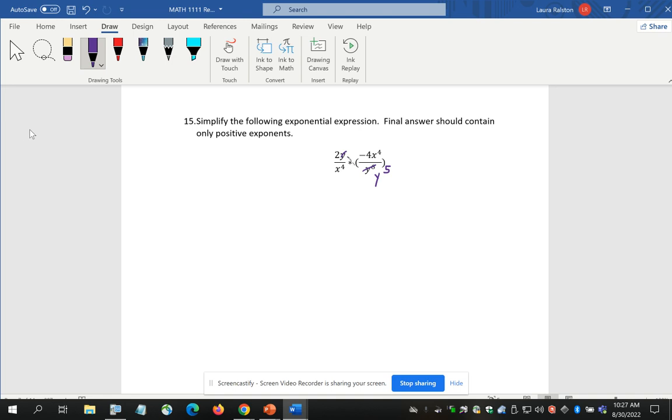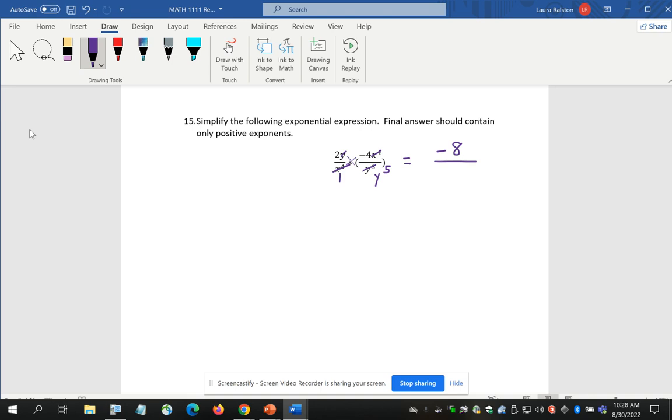Again, looking at that diagonal. Looking at the other side, I have x to the fourth and x to the fourth. Okay, so I have the same number. They're going to divide out or go away. Some people say cancel. Okay, and then we're going to multiply. 2 times -4 is -8.